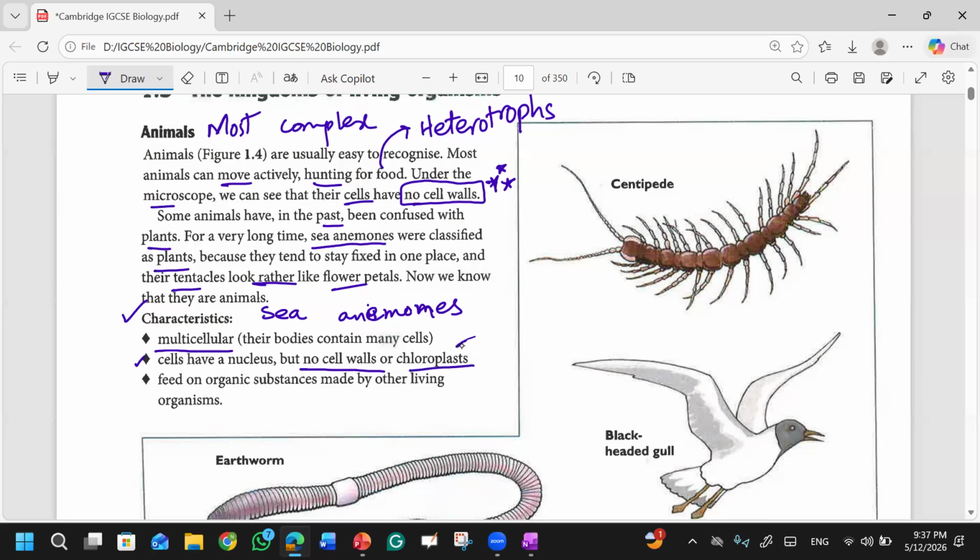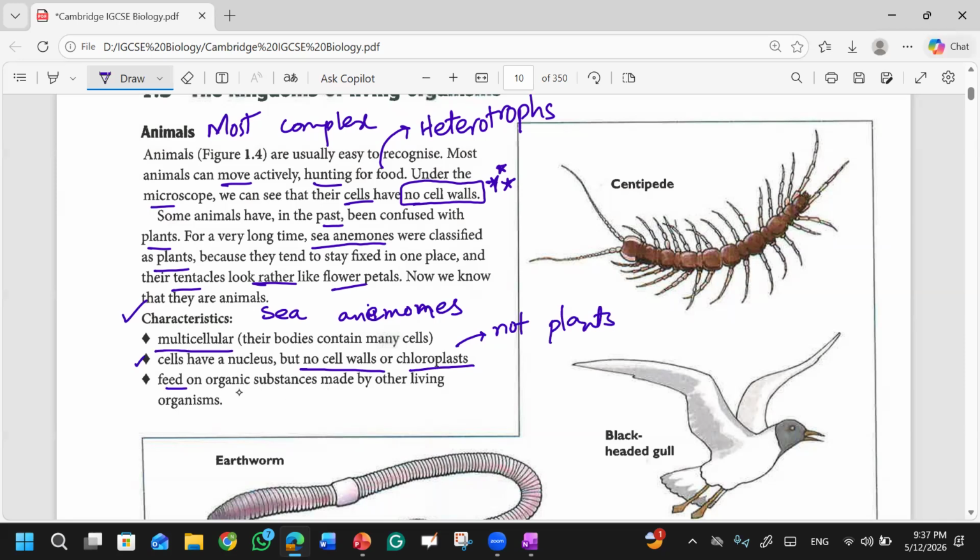It means they are not plants, because these two things, the cell wall and chloroplast, are present in plants. Are you getting this? They're not plants because they don't have cell walls or chloroplasts.